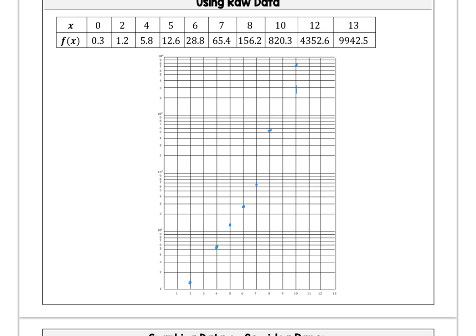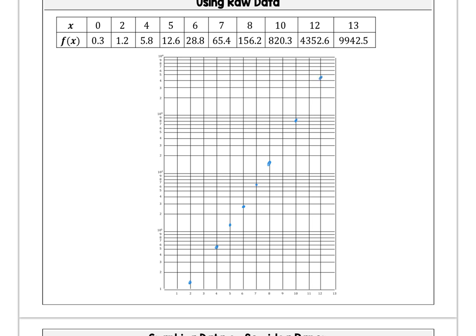Oh yeah, I can. 12 is 4,000. Let's see, we got a mess there. What was 8? Oh, I'm off here. 8 is 156. This one's out of place. 10 is 800. 12 is 4,300.